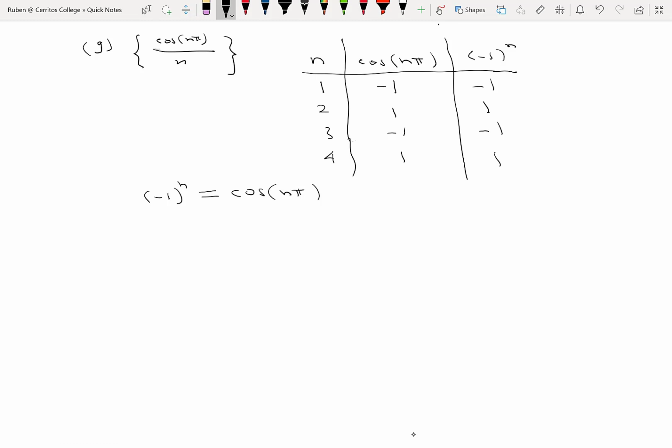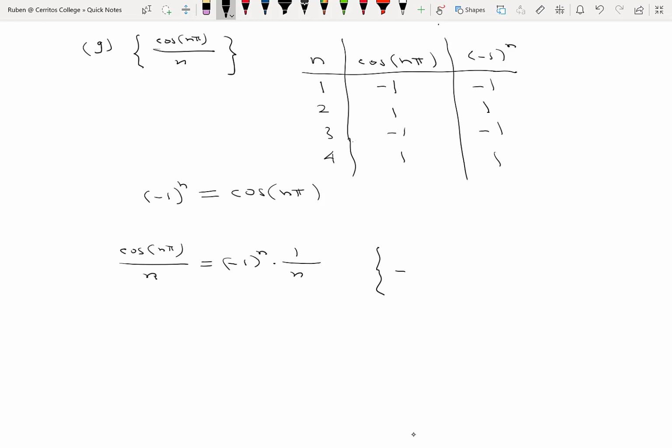So the general term in my sequence, cosine pi n over n, is nothing more than -1 to the n times 1 over n. And that general term is the general term of a sequence that approaches 0.